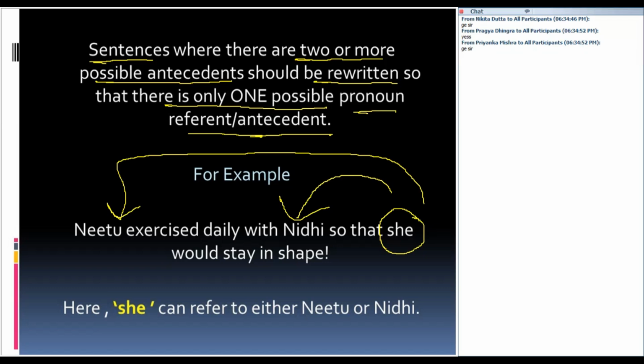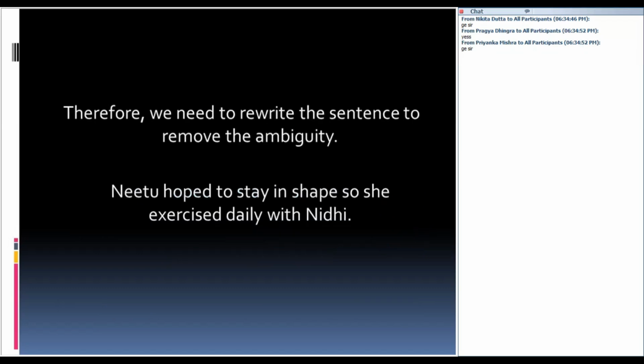So in what way can we change this sentence? We can perhaps write it like this. There can be so many ways, but one of the ways is here. "Neetu hoped to stay in shape, so she exercised daily with Nidhi." Now we know that the pronoun she is referring to Neetu. There is no confusion now.